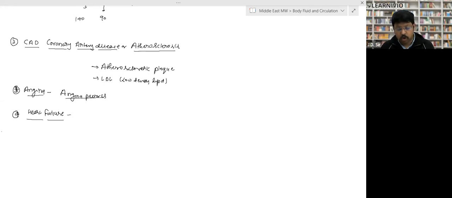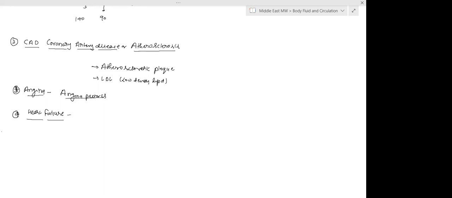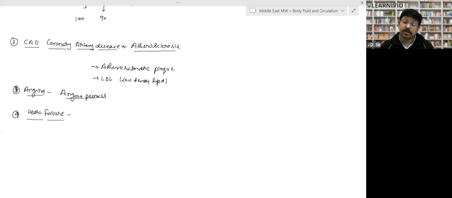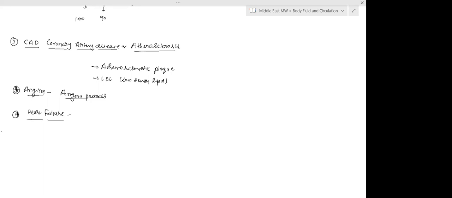So this was all about the circulatory system. Tell me guys, is it clear to all of you? Clear? So cardiac arrest means the sudden stopping of the heart, and the person will definitely die.